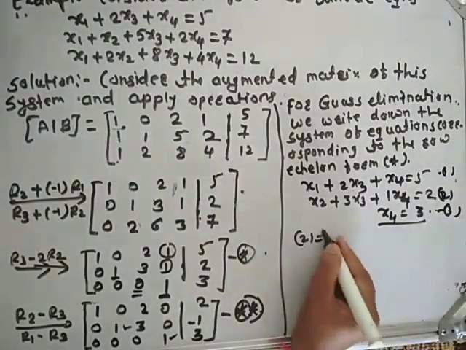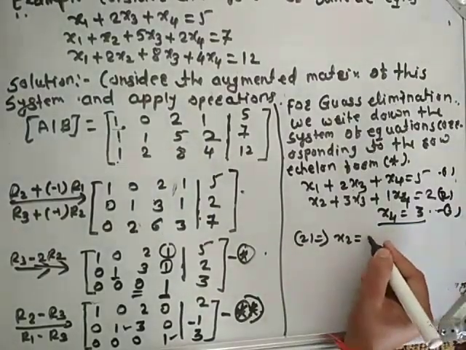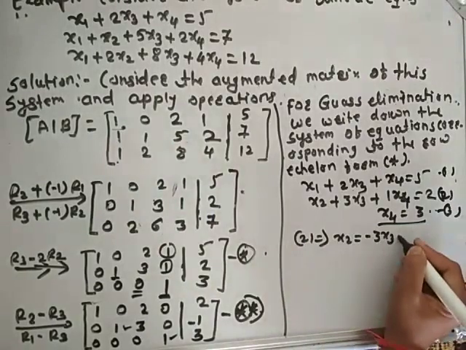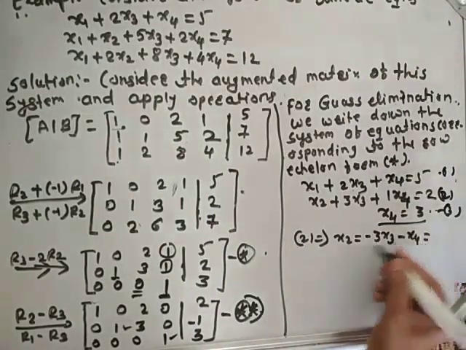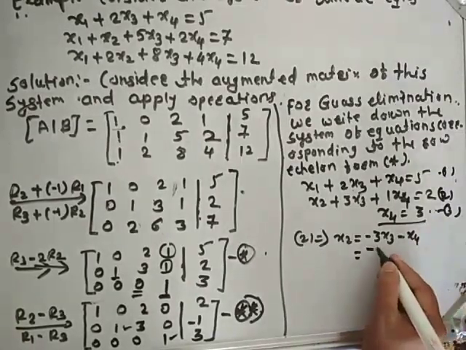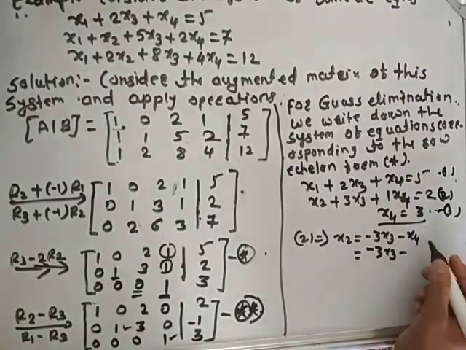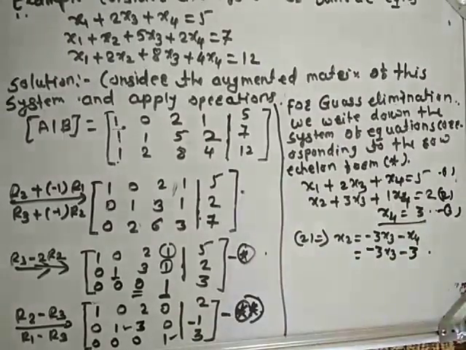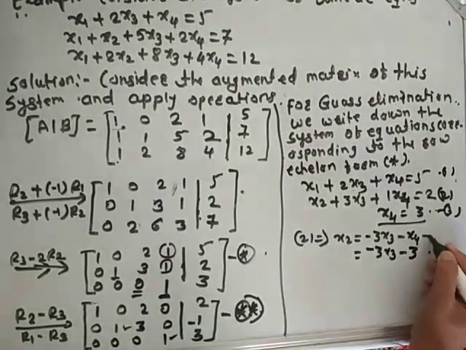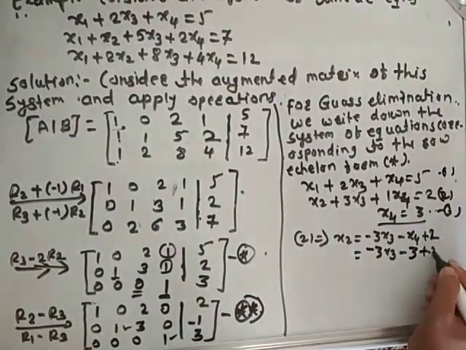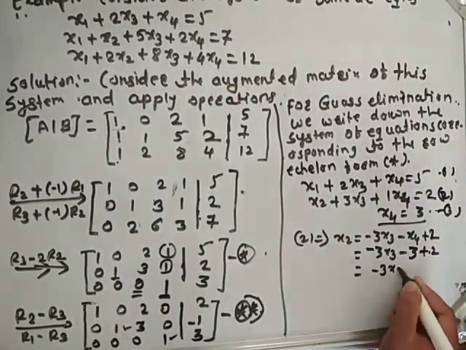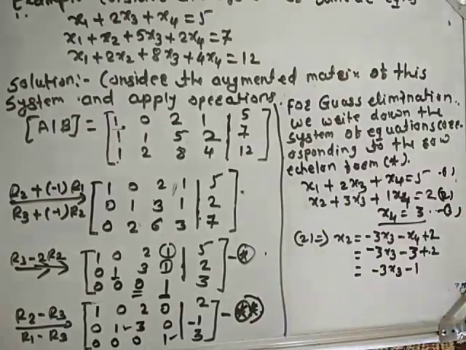So x2 is equal to minus 3x3 minus x4, which is minus 3x3 minus 3 plus 2, so minus 3x3 minus 1.